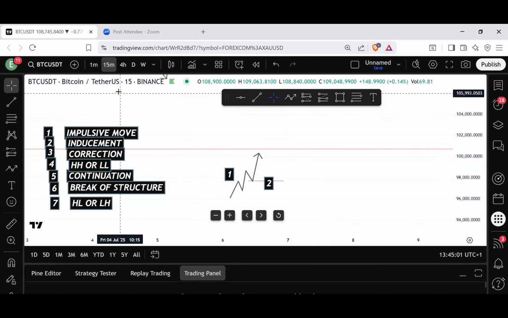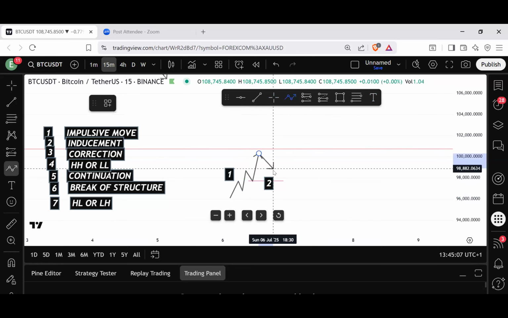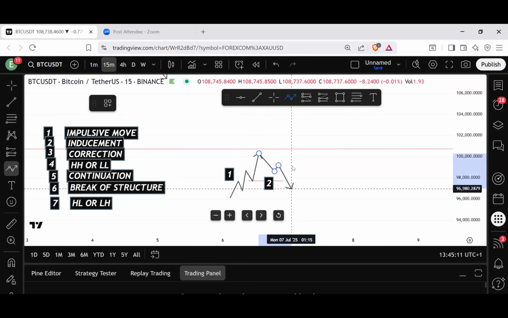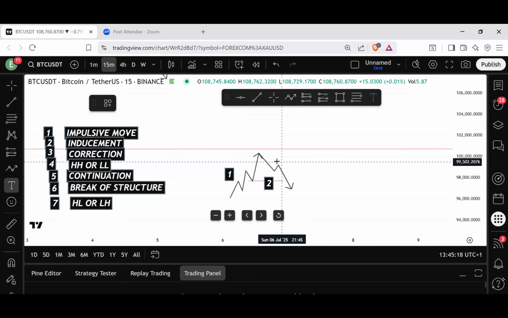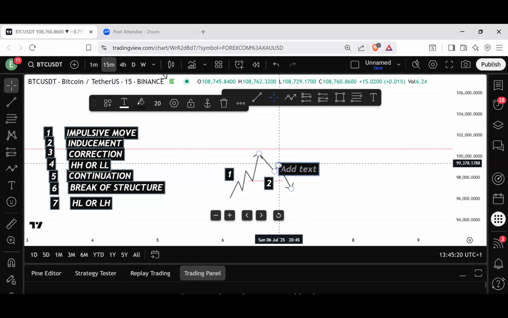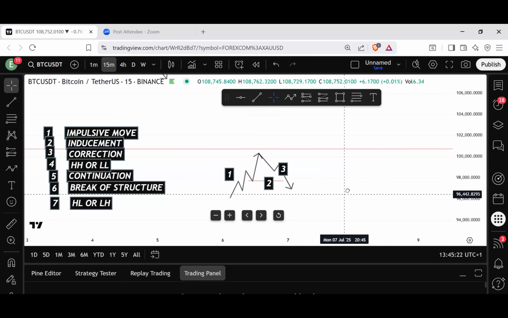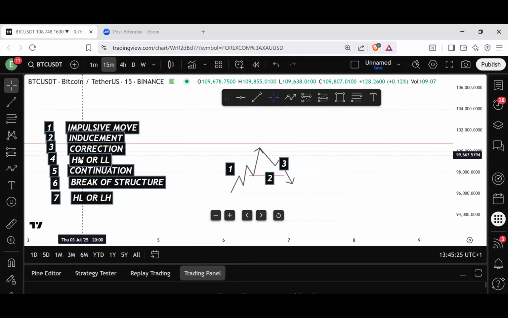So number three is correction. So once we have any move, that's the correction. Correct. Number three. So once we see number three, the next thing is higher high or higher low.